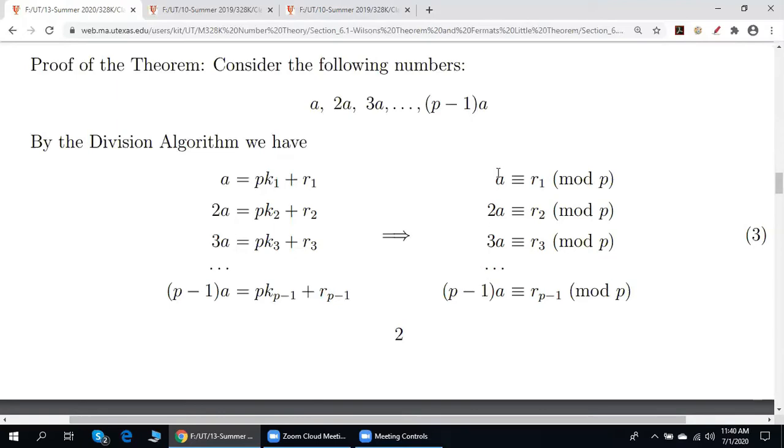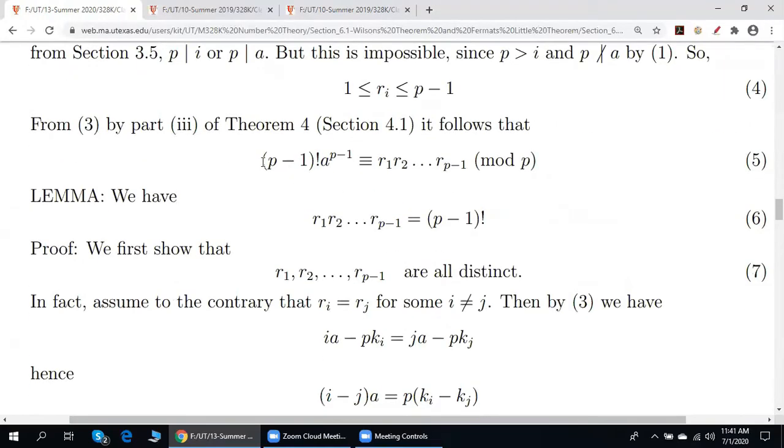And note that 1 times 2 times 3 times and so on times P minus 1 is P minus 1 factorial. Therefore, the product of all left-hand sides is A to the power P minus 1 times P minus 1 factorial. It's exactly what we have here.